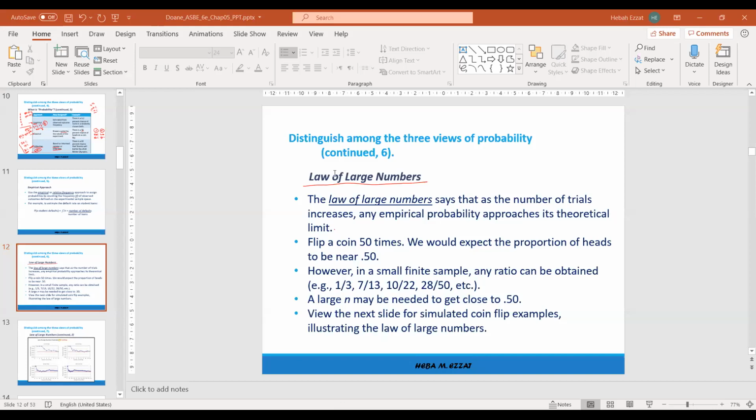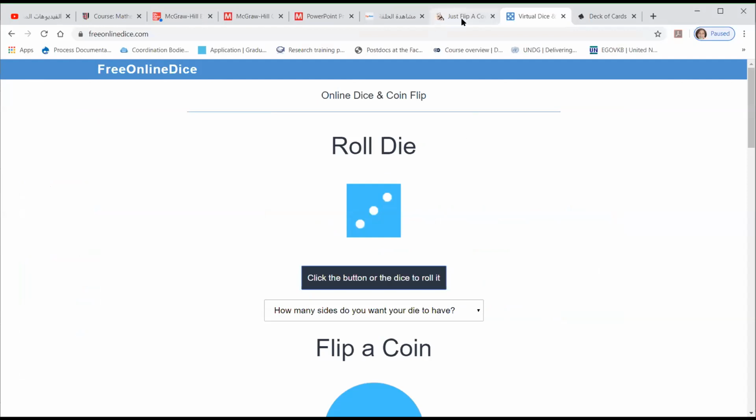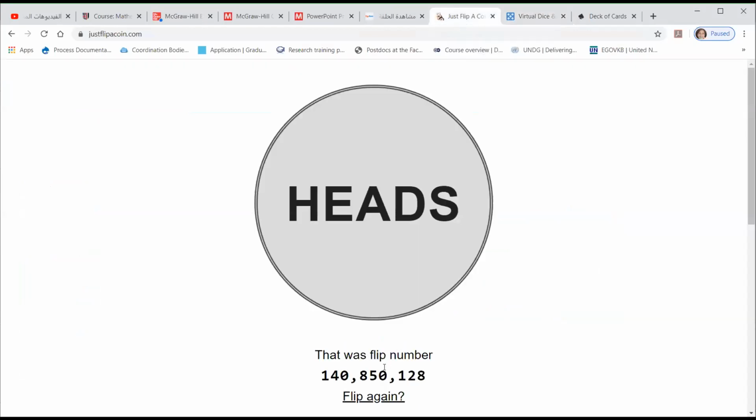Okay, and I will flip this coin. So again, it's a random experiment, and the sample space contains only head or tail.